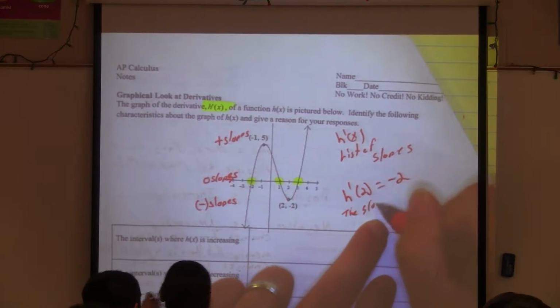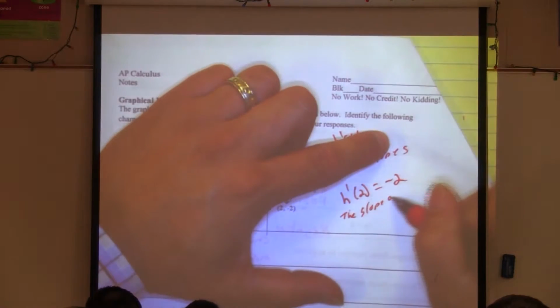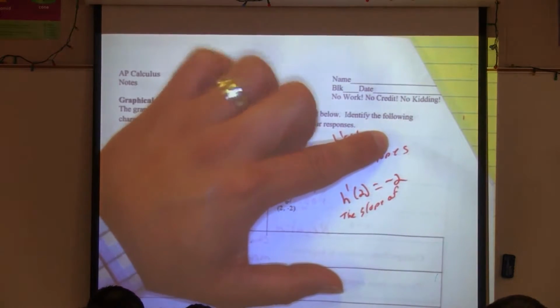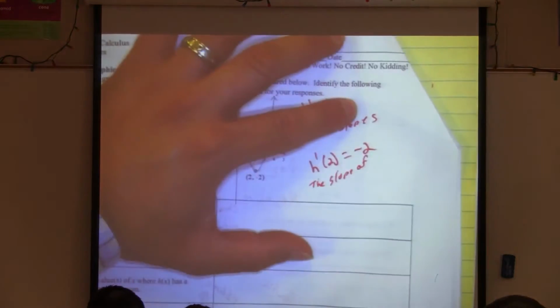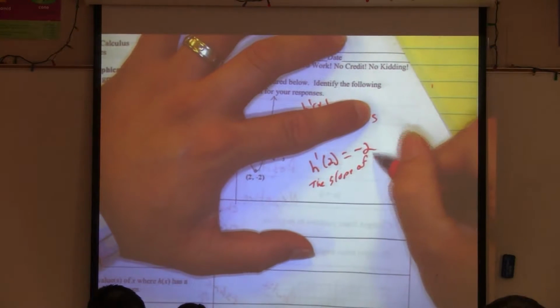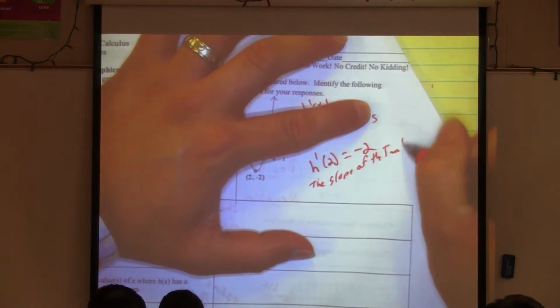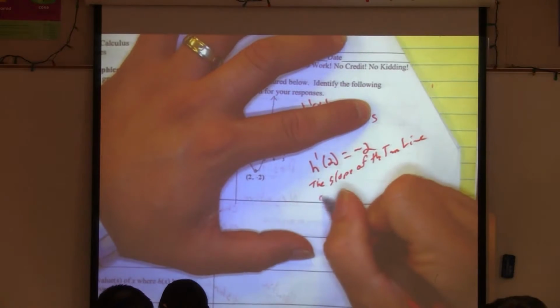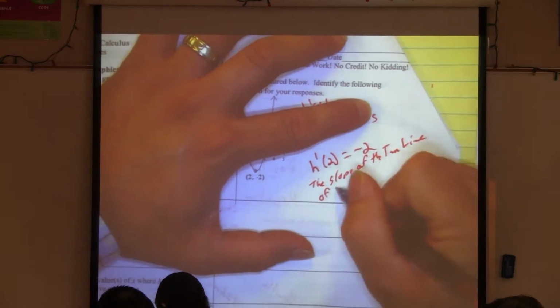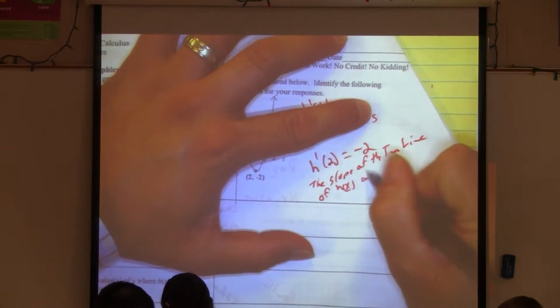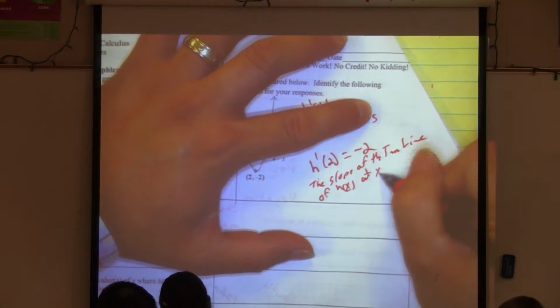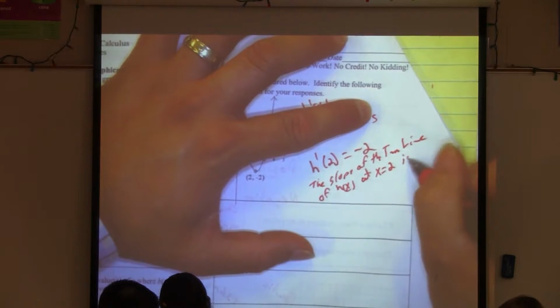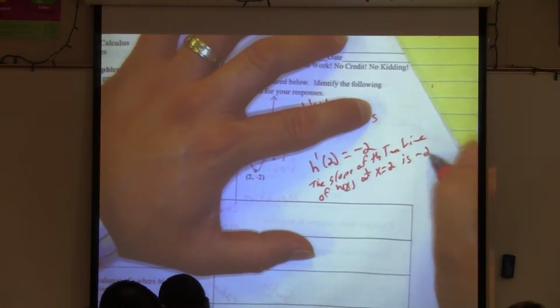The slope of what? Of the tangent line of what? H of x, the original graph, at x equals 2 is -2.